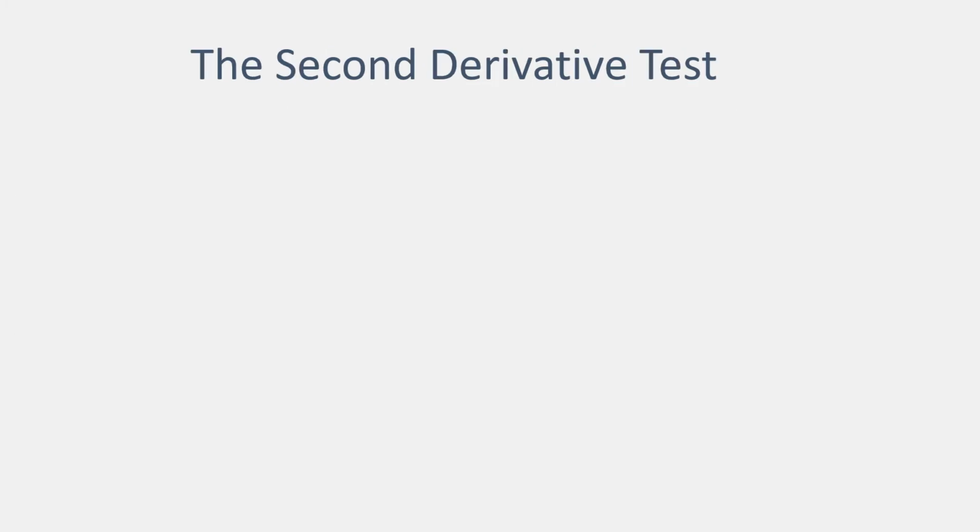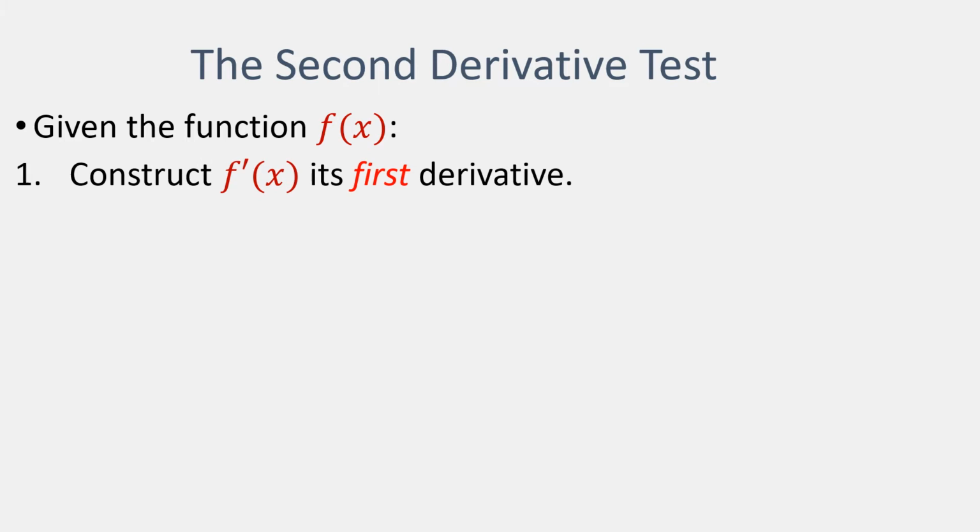So I mentioned this object called the second derivative test. What exactly is that? We start off, we have our function f. And the first thing we do is we construct its first derivative. We differentiate the function f.